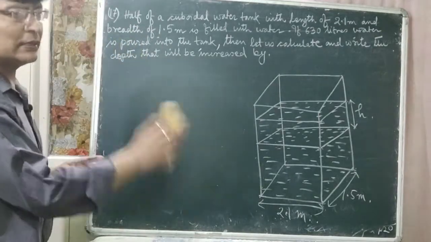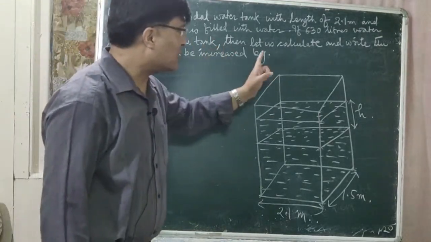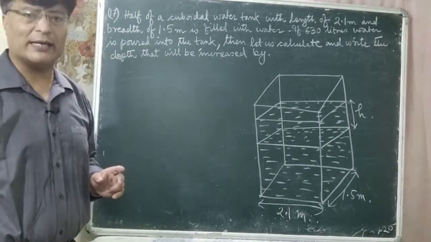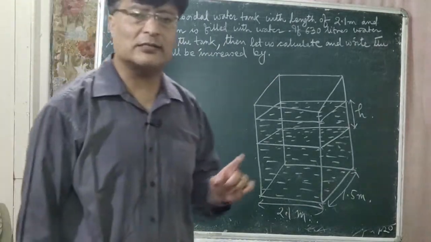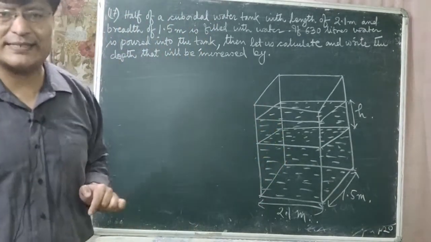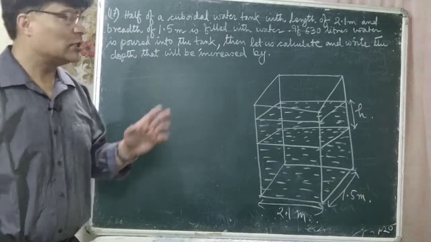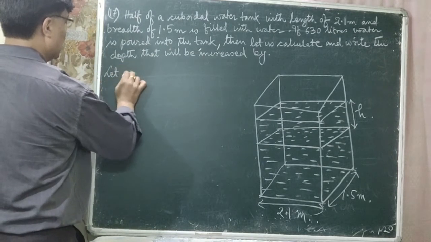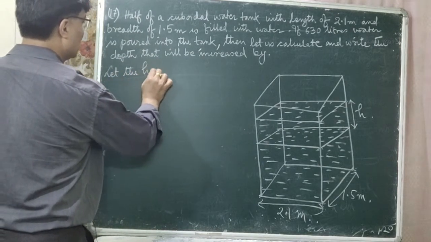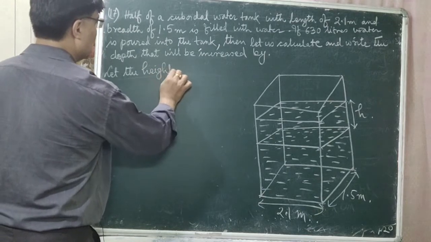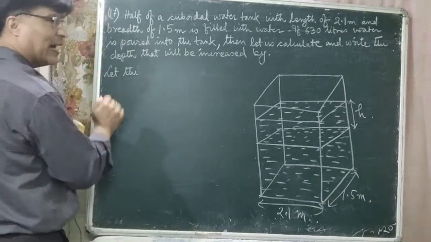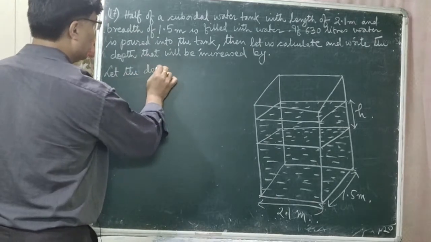Okay. Now let us calculate and write the depth that will be increased by if 630 liters of water is poured into that tank. Clear? So let us assume the height. Let the height of the water level increased. Let the height or let the depth भन्दा पनि हुन्छ, height र depth एउटै हो.